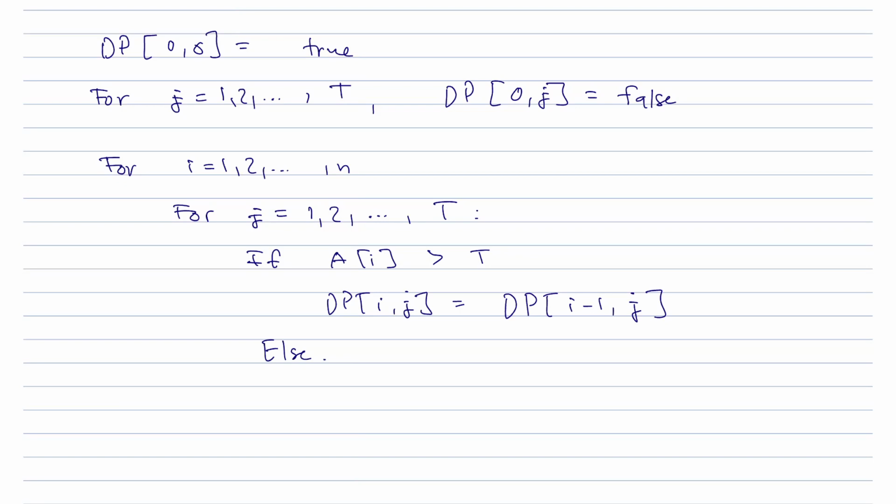Now, otherwise, you can either include a_i or you may ignore it, right? So you can say, well, dp[i][j] is equal to, well, if you include a_i, that means you must be able to find a subset of the first i-1 numbers that sum to j minus a_i.